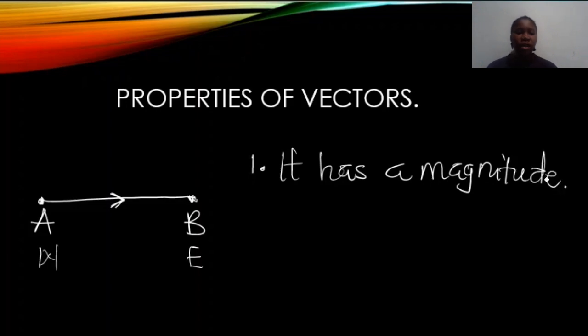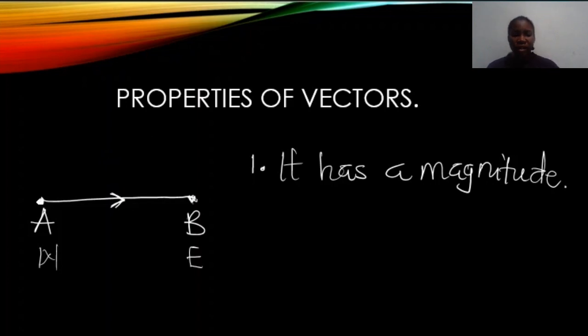Taking the scenario we used to describe what a vector quantity is, the total length from A to B gives the magnitude of this vector quantity. In this case, I used displacement as the example of the vector quantity for you to understand it further.